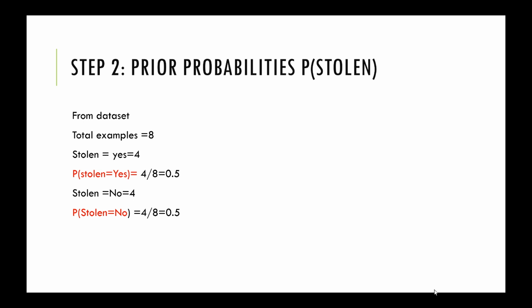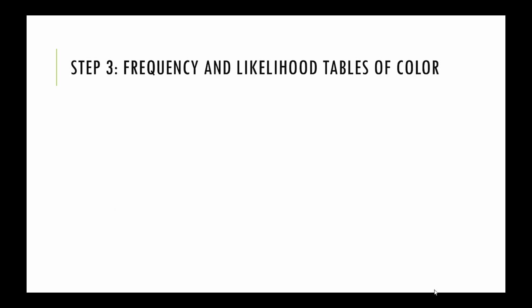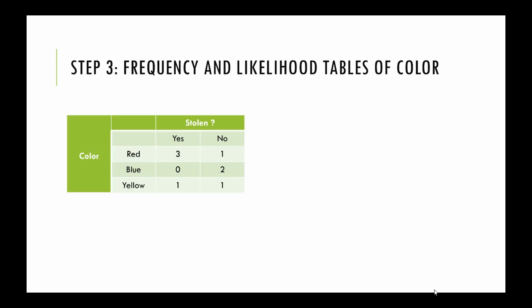Next, step 3. We're going to find the frequency table and likelihood table for the color. In our table, we have the features color, type, region, and stolen. So first one is color. For the frequency table from the data set, I'm going to generate the frequency table with the feature color.